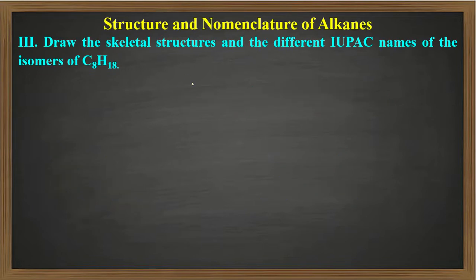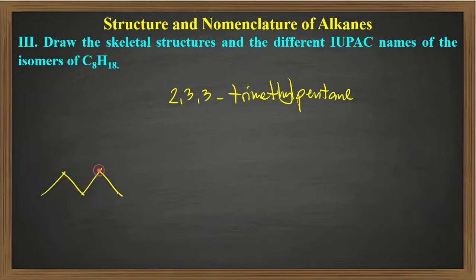So we have here 2, 3, 3 trimethyl. Okay, pentane lang gihapon. Alright. So first, 1, 2, 3, 4, 5. So, I'm sorry, sobra na. Alright.